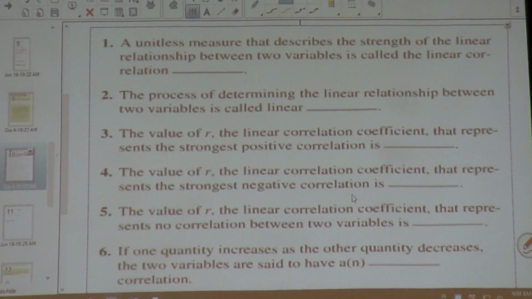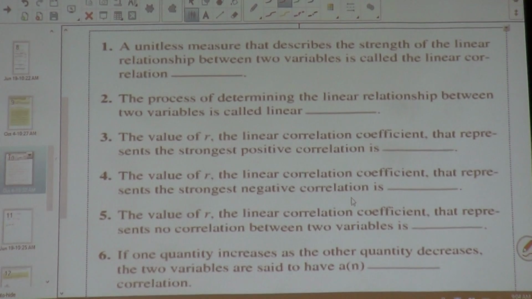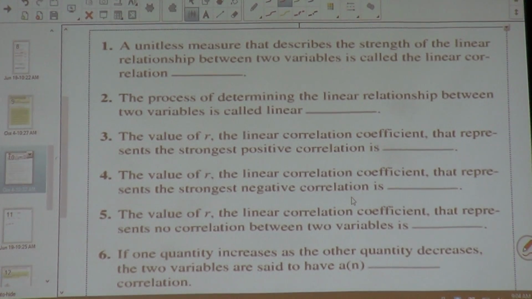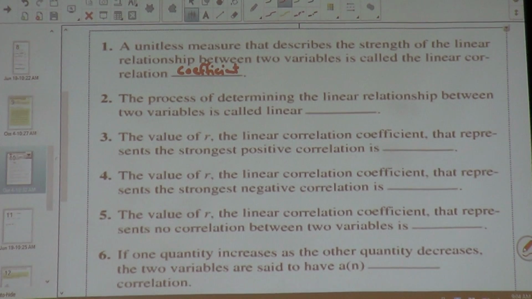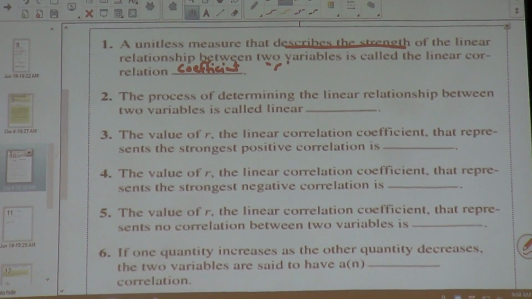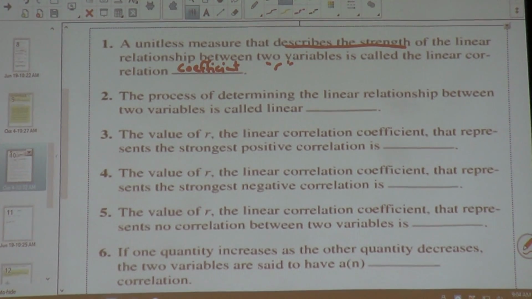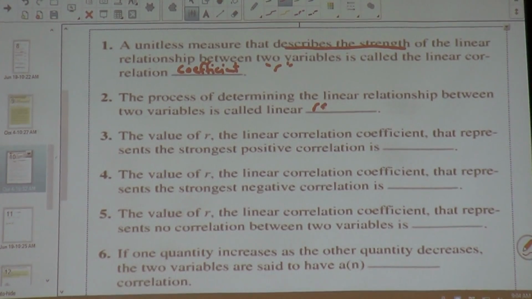Okay. A unitless measure that describes the strength of the linear relationship between two variables is called the linear correlation coefficient. What did we say describes the strength? Describes how strong the relationship is. The correlation coefficient, the R. The process of determining the linear relationship between two variables is called linear regression.